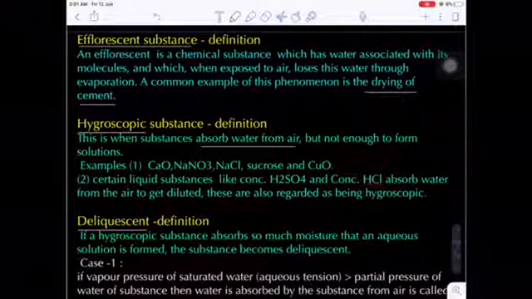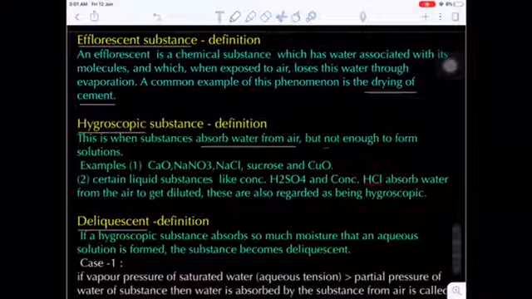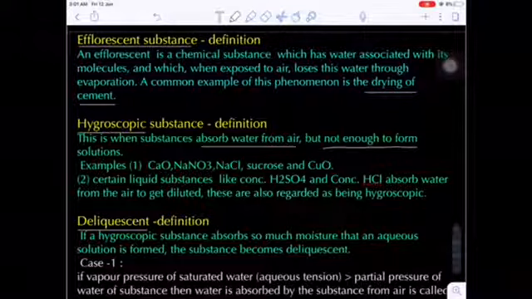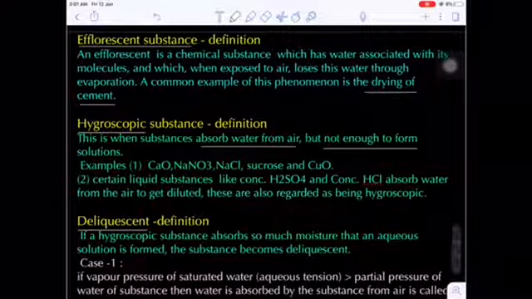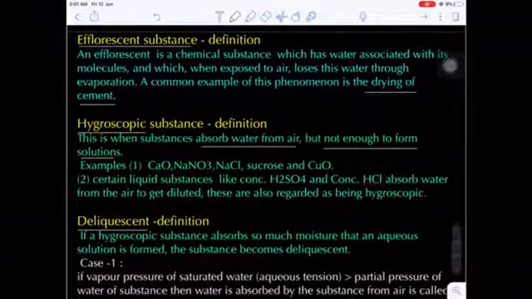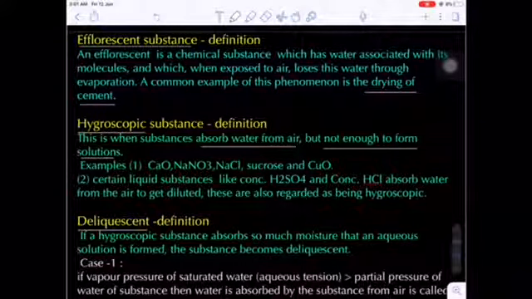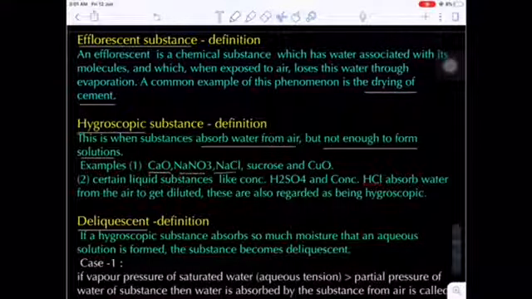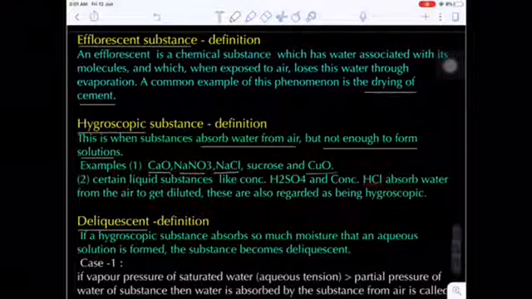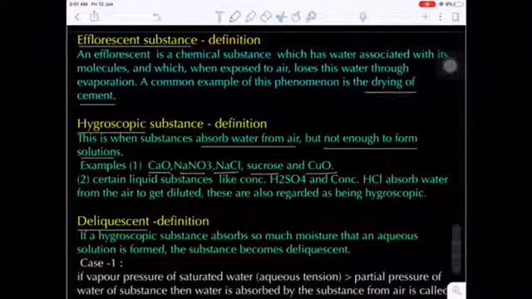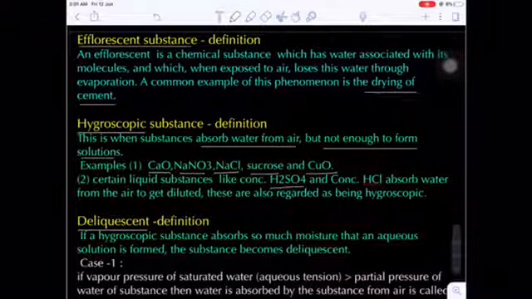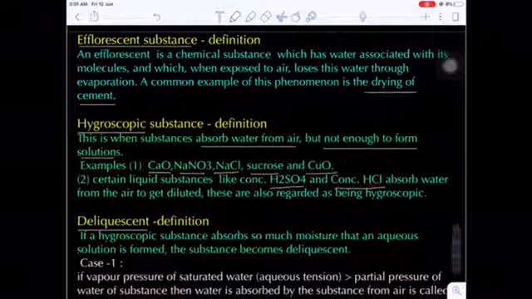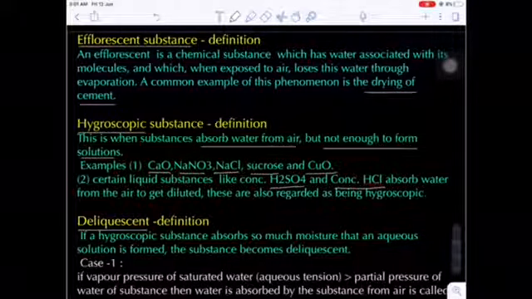Those substances which absorb water moisture are known as hygroscopic, and they do not absorb enough to form a solution. They absorb the water, but do not completely convert into the solution state, like calcium oxide, sodium nitrate, cupric oxide, sucrose, and certain strong acids like concentrated sulfuric acid and concentrated hydrochloric acid. NaCl is deliquescent.